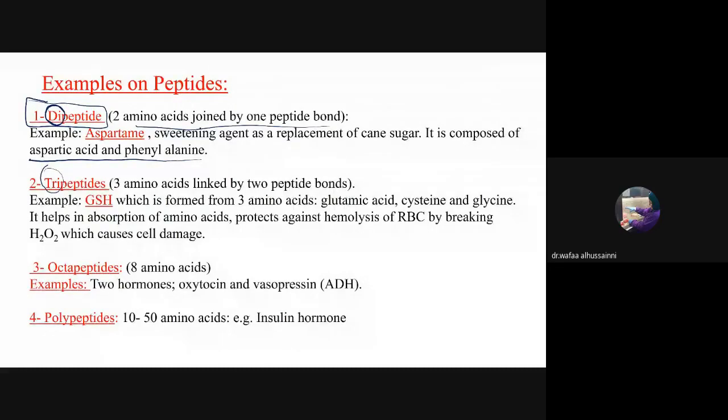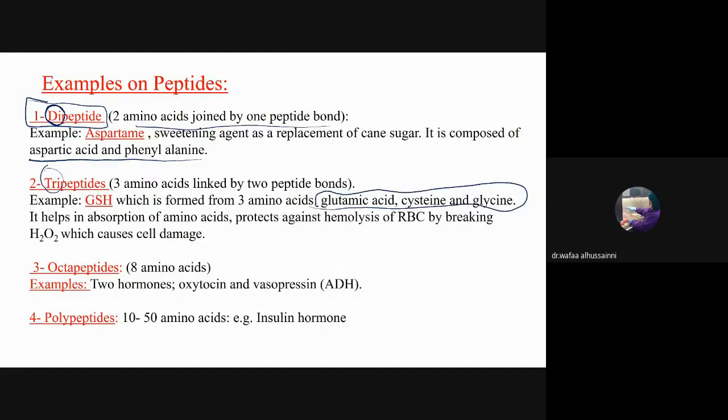This is a type of protein that protects against hemolysis. This protein is made of 3 amino acids linked together: glutamic acid, cysteine, and glycine.